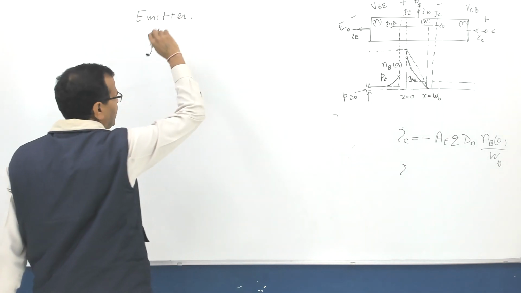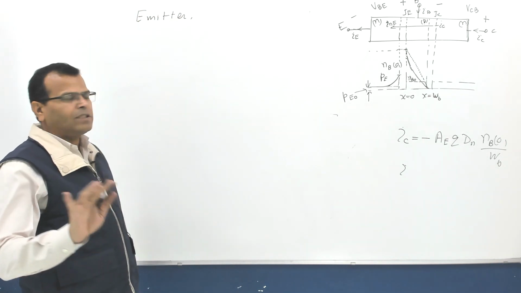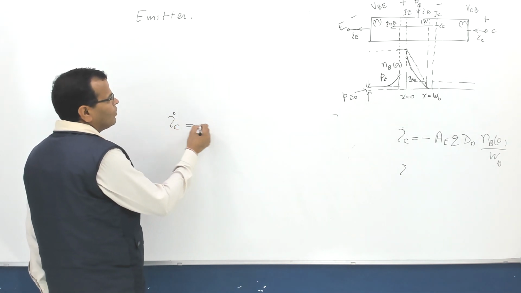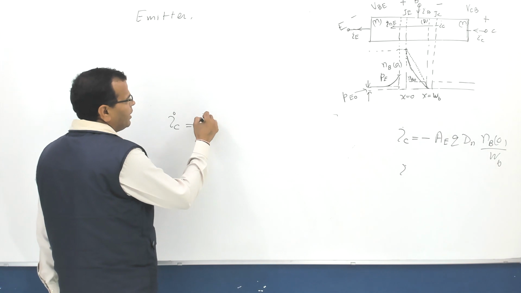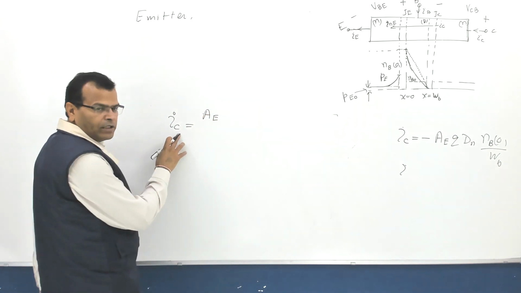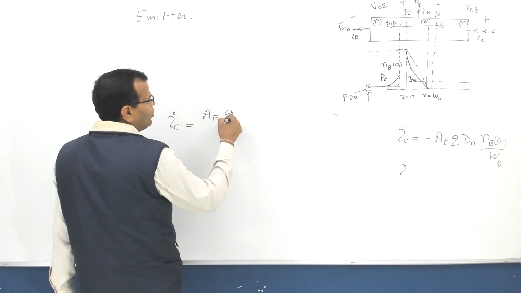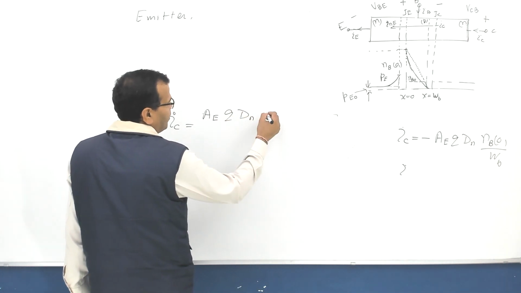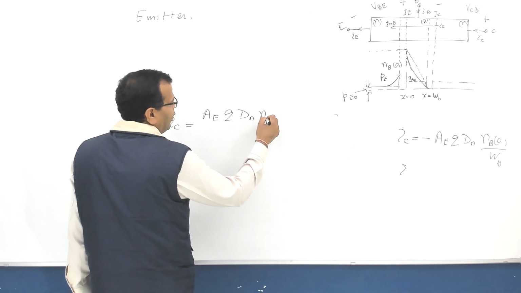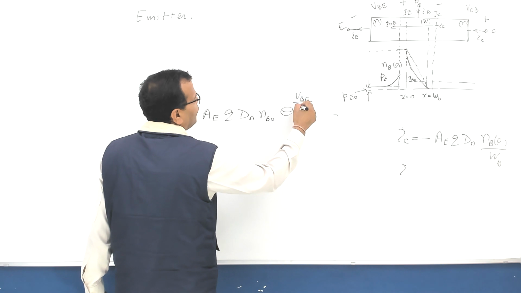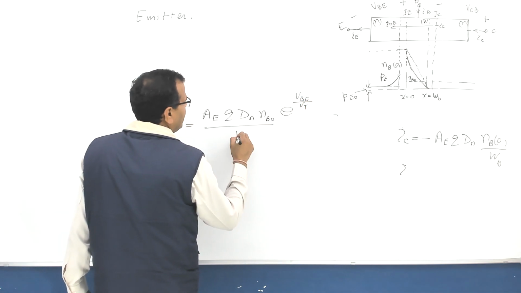What are those components? Just before I start, what I had, IC was equal to what? That is AE Q dN, NB0 e raised to power VBE by VT by WB.